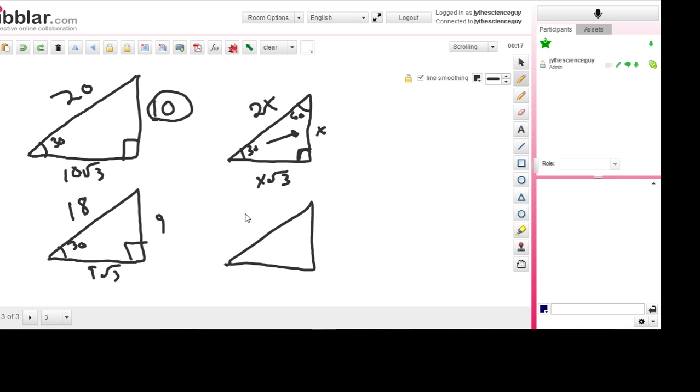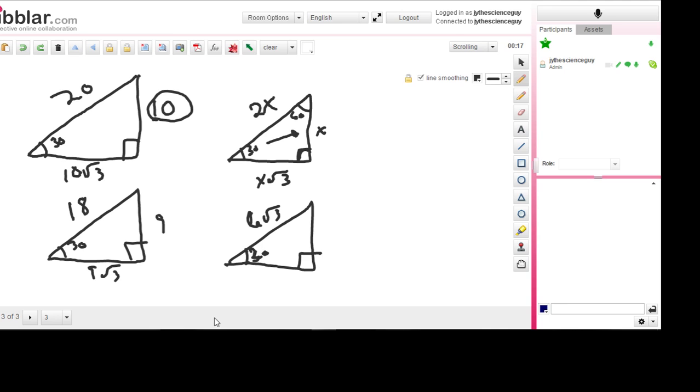What if this is 6 root 3, and that's 60? I'll keep this triangle the same way. That's 30, and that's 90. Find the other sides.